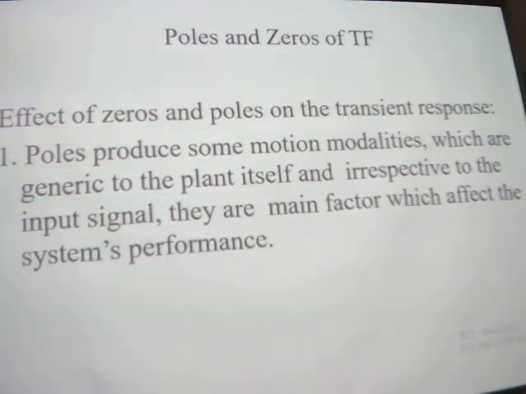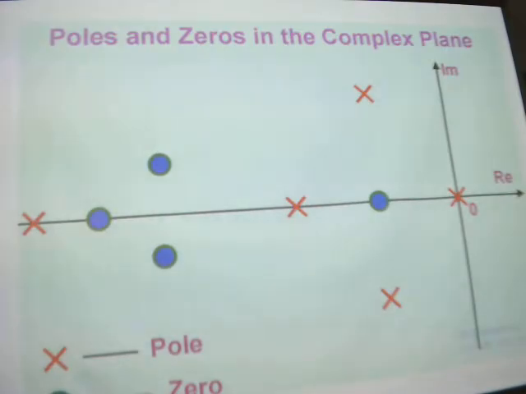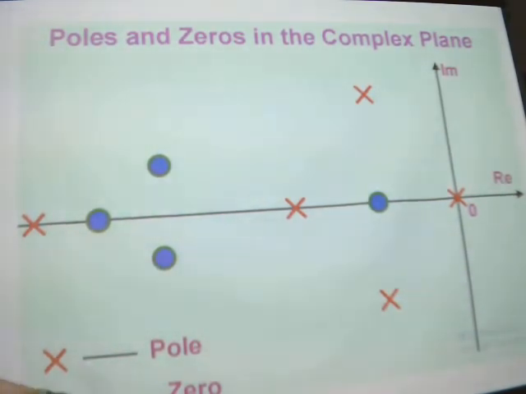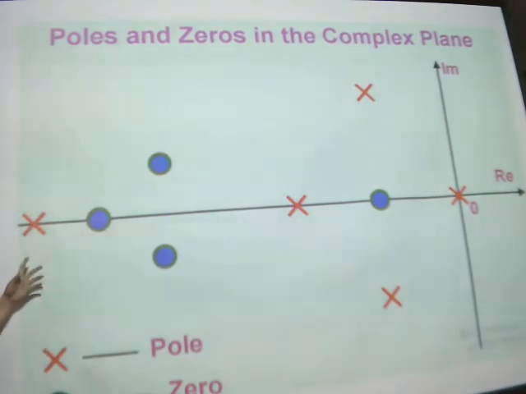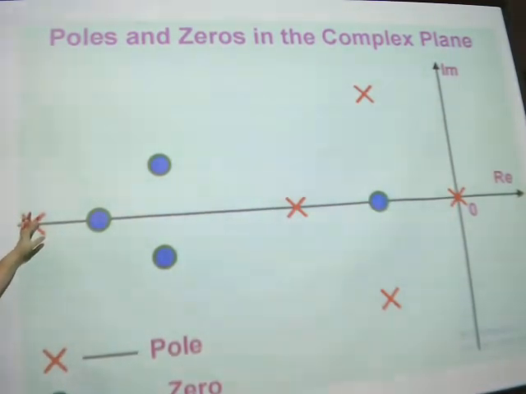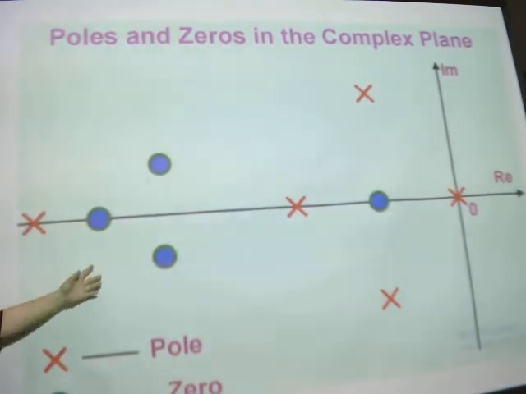They are main factors which affect the system's performance. Now we can see here poles and zeros in the complex plane. You can see here the red symbols are poles and the blue symbols are zeros.